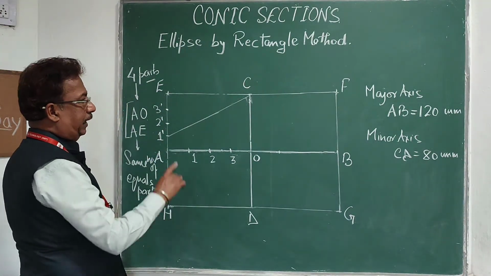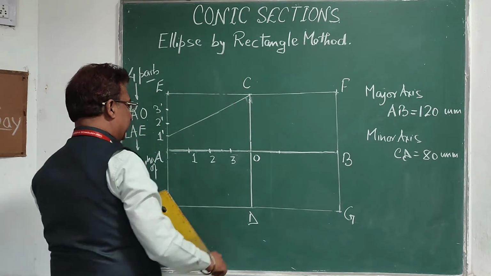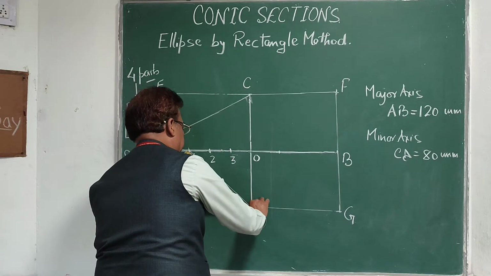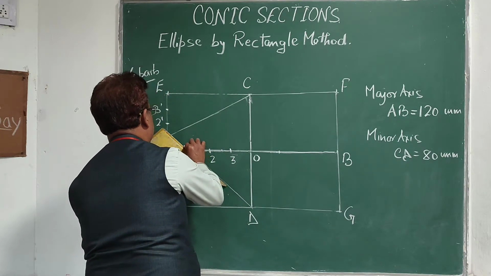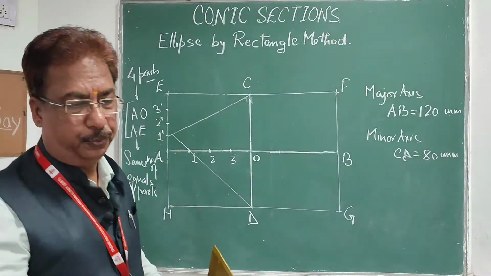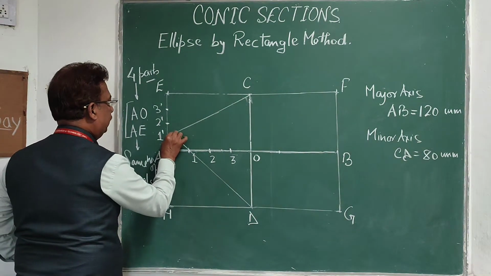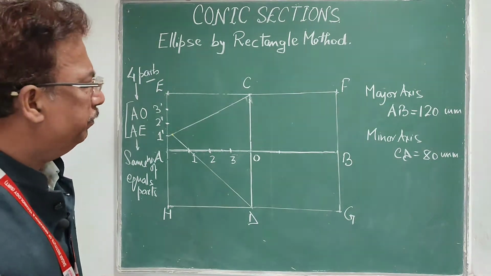After joining the end of the minor axis, that is C, with 1 dash, the other end D I am going to join with point 1 and extend this line towards the upper line. The intersection of these 2 lines will be one of the points on the elliptical curve. This is a very simple method.